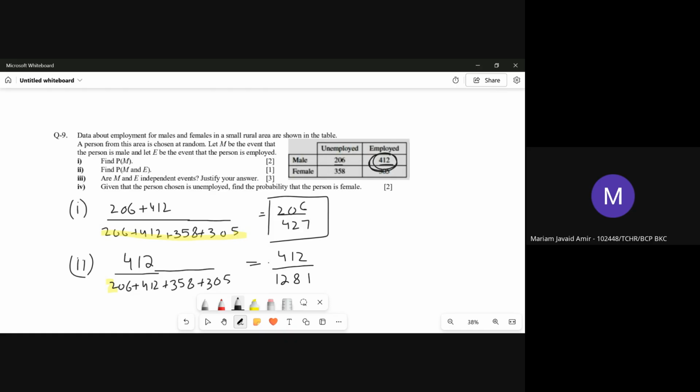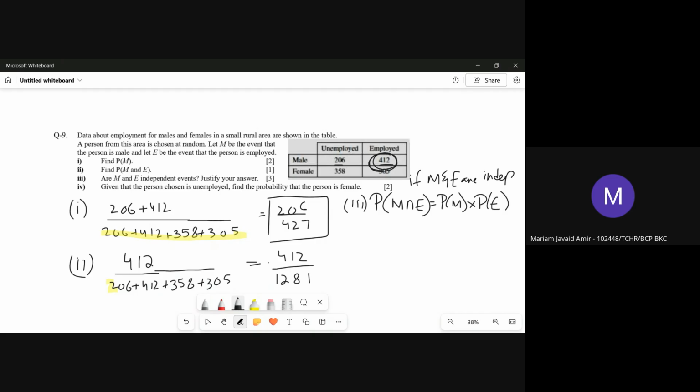Part 3. Are M and E independent events? Okay. What are independent events? If M and E are independent, then probability of M and E should be equal to probability of M times probability of E. So we're going to check if this is true or not.